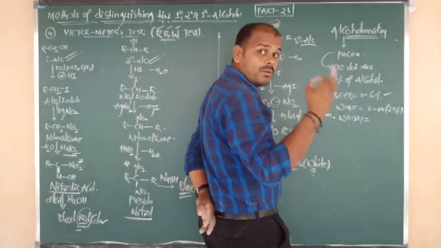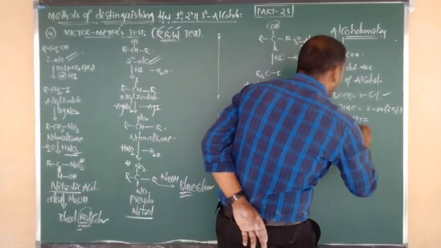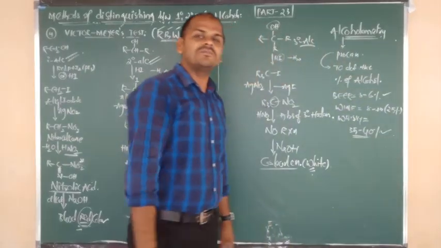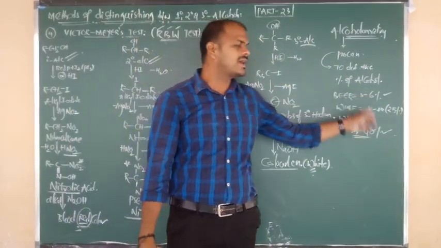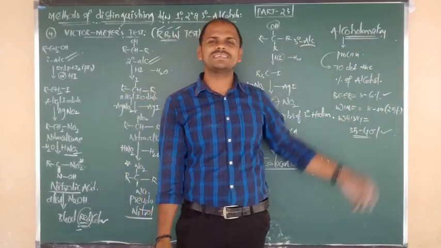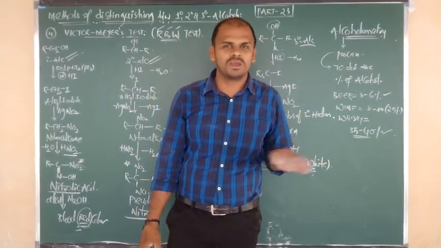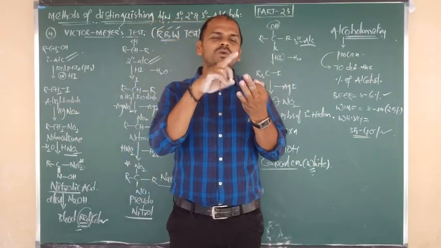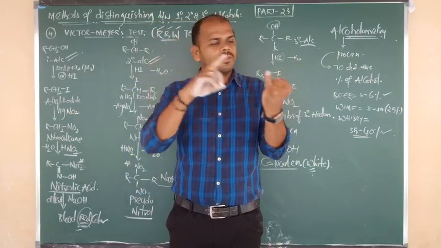Next, in whiskey more percentage of alcohol will be there, around 35 to 40%. In that way we can determine percentages of alcohol in the given samples by using the procedure called alcoholometry. So in our organic chapter, alcohols, phenols and ethers, the topic of alcohol was completely over.